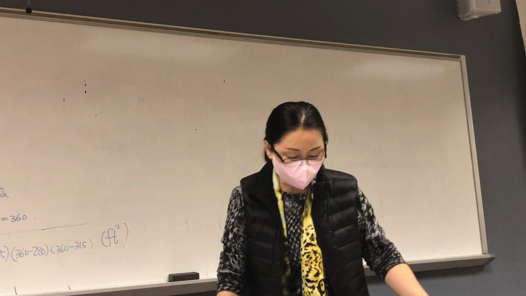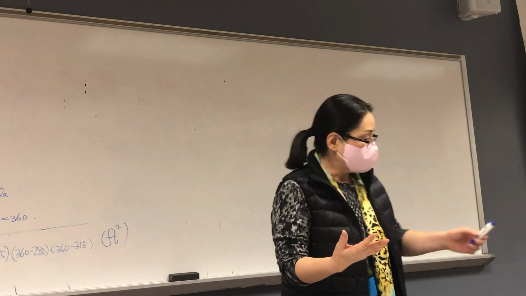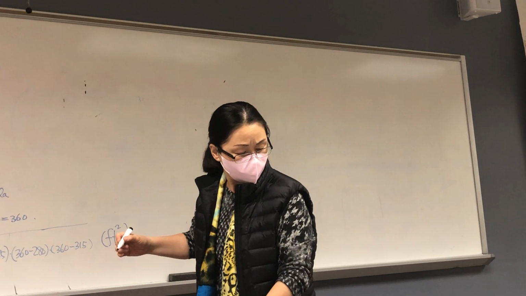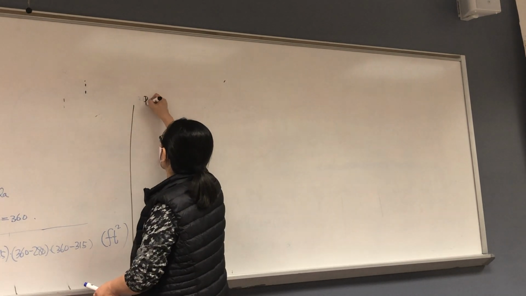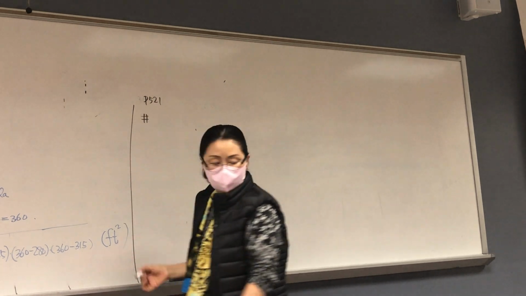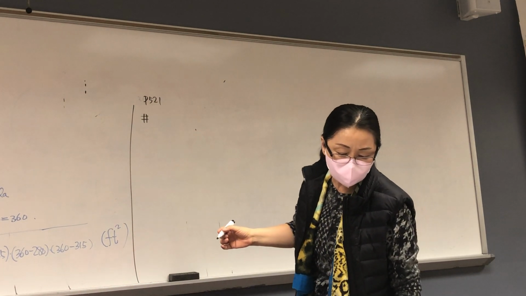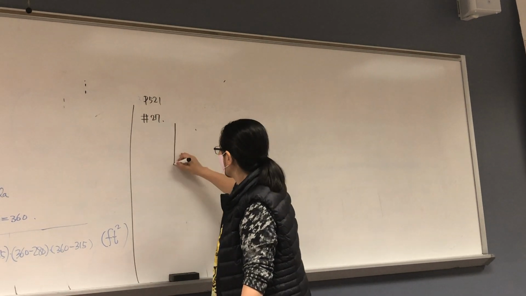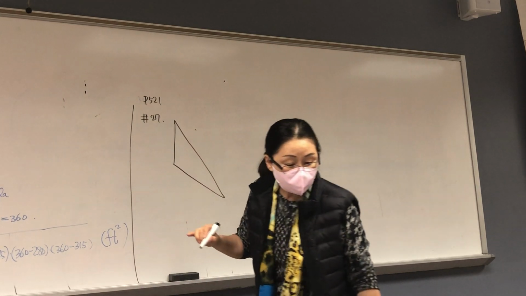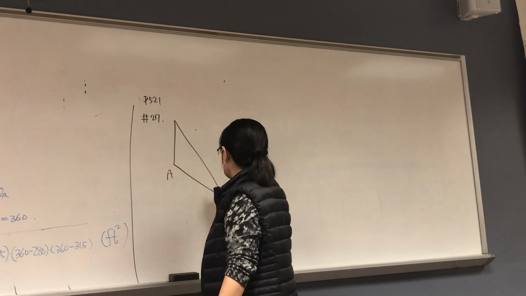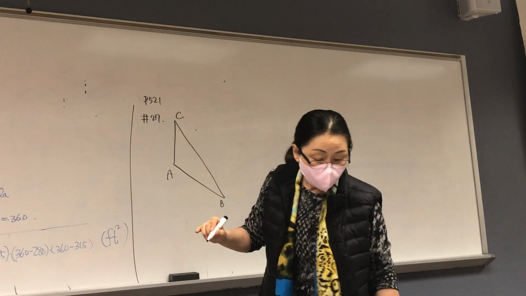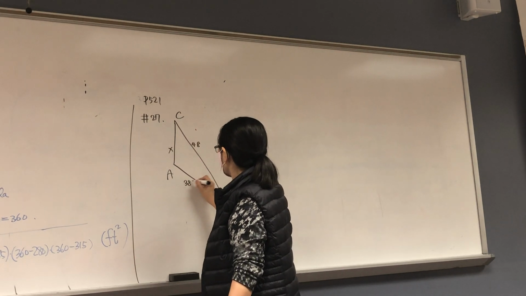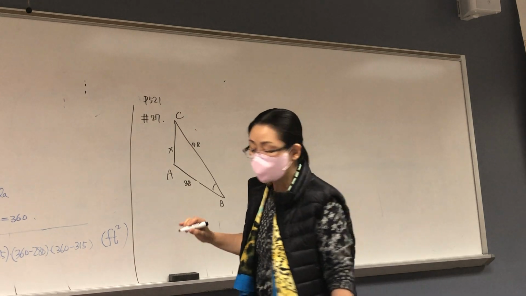Let's move to the exercise problems. Now, your time, okay? Page 521. Think about number 27. Triangle ABC with X here, 48, 38, and 30 degrees.